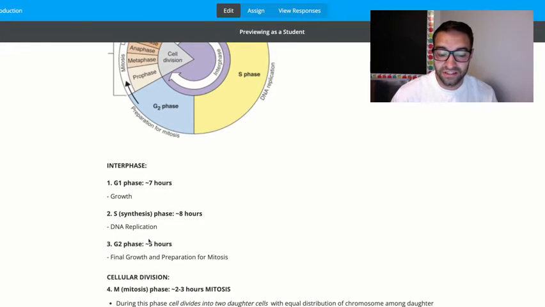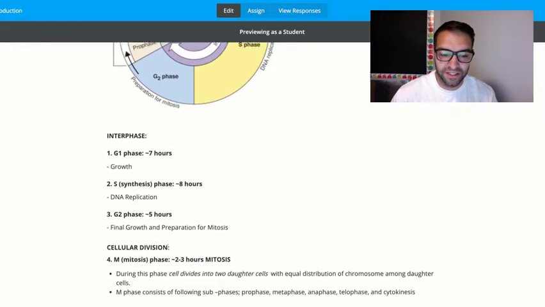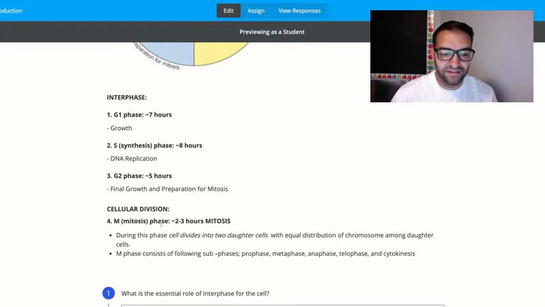But that's also a little bit shorter as it prepares, because then you enter into mitosis and this cellular division. Mitosis is actually pretty short and pretty fast.